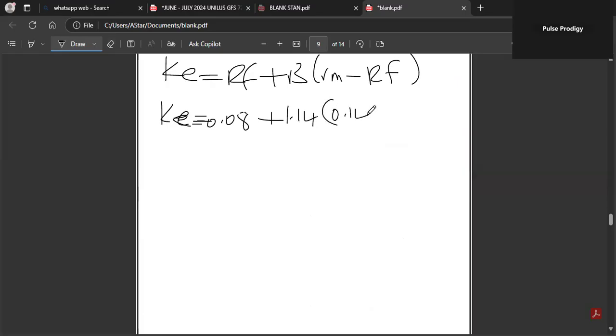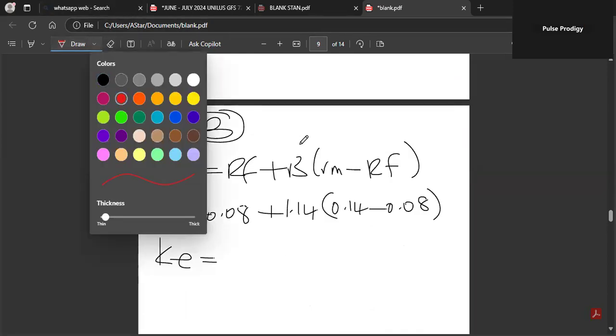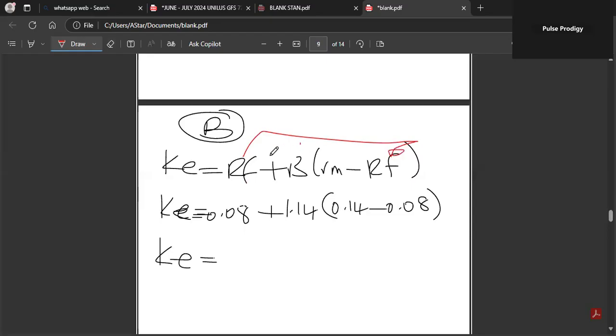What is changing is the beta; the other ones are the same. So this gives us 0.14 minus 0.08, times 1.14, then plus the 0.08. The answer is 0.1484 or 14.84%.